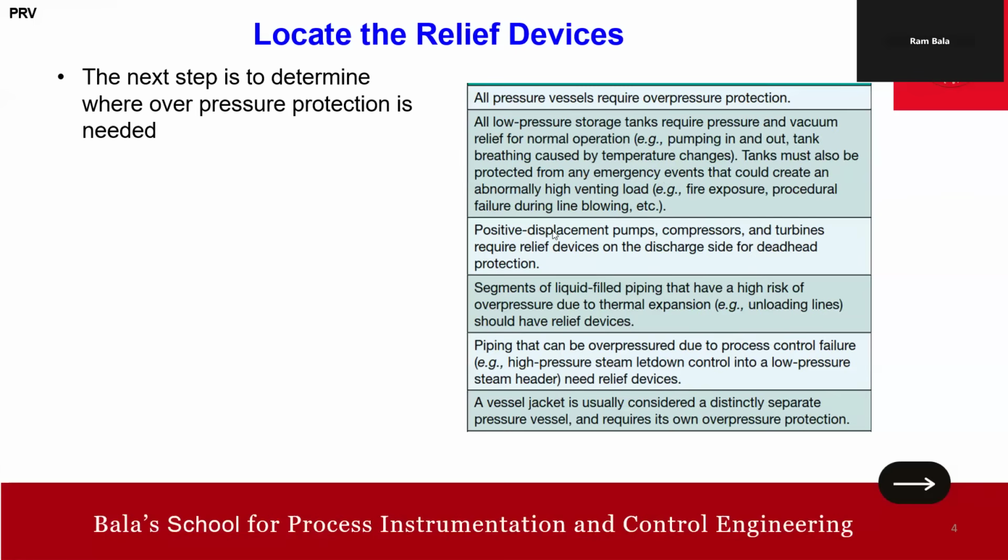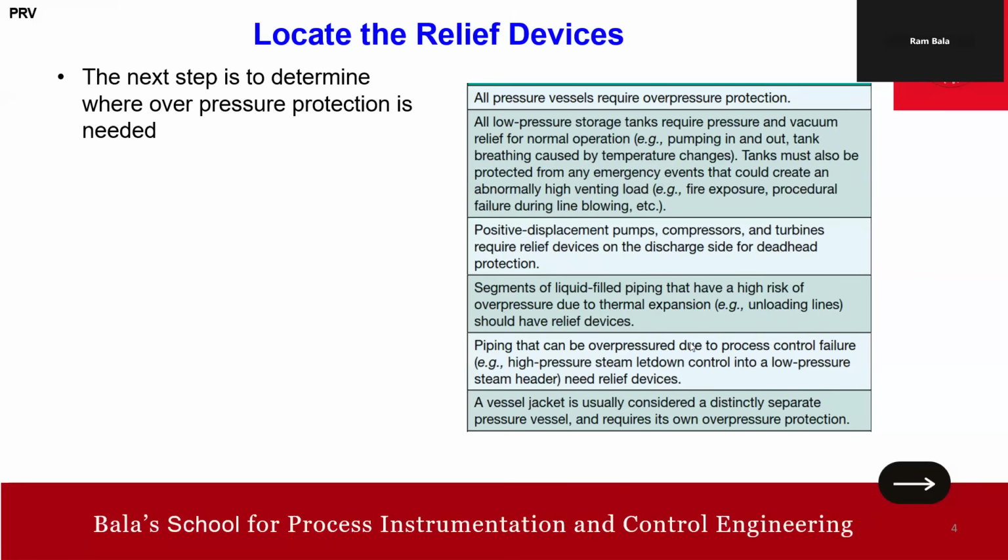Then take the case of positive displacement pumps, compressors, and turbines. These all require relief devices on the discharge side. Then segments of liquid filled piping that have a high risk of overpressure. What is that due to? Thermal expansion. Unloading lines should also have relief devices.